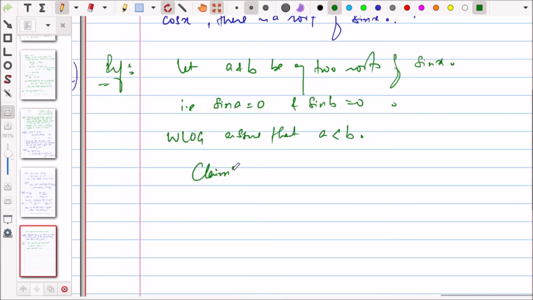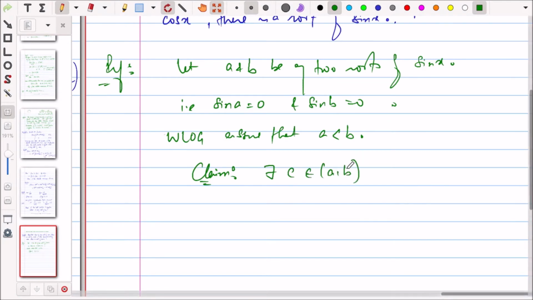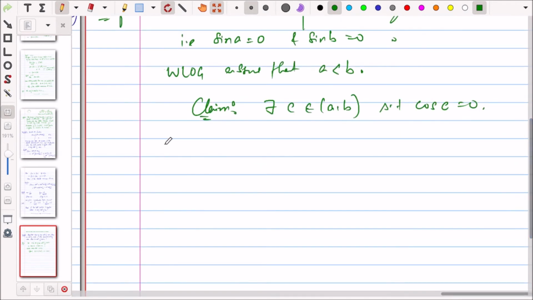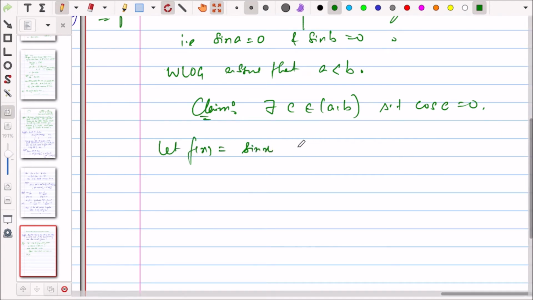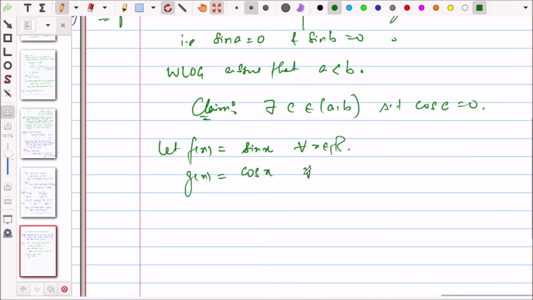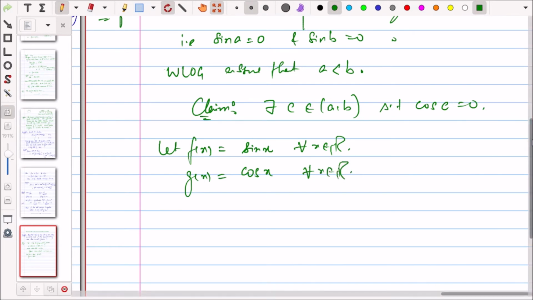Claim: there exists c belonging to (a, b), lying between a and b, such that cos c is 0. For this, let f(x) equal sin x for all x belonging to R, and g(x) equal cos x for all x belonging to R.